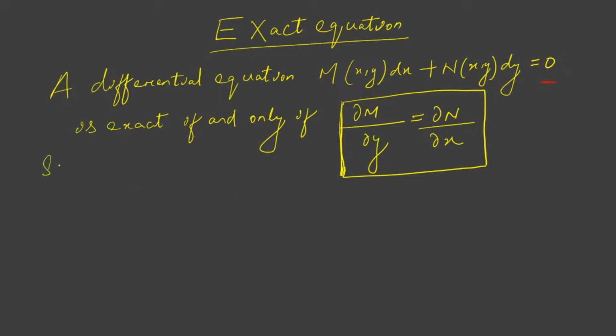So what is the solution? A very simple solution of this type of equation, if it is an exact equation: first integrate M(x,y) dx, treating y as constant.